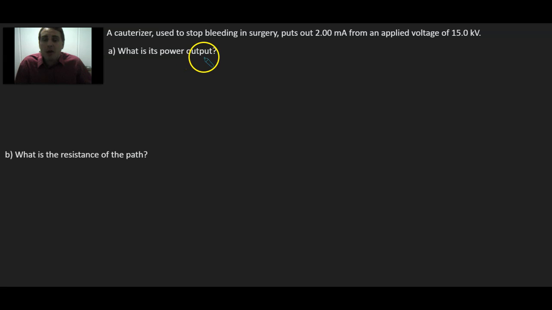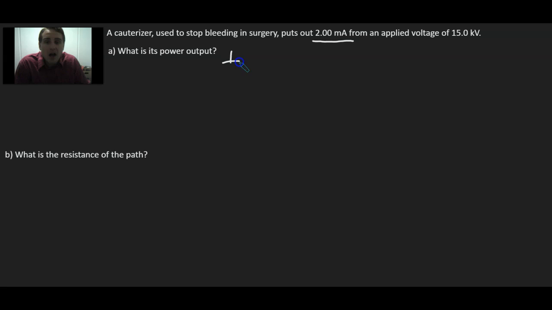A. What is its power output? B. What is the resistance of the path? Okay. Well, let's put everything in SI units here first. So we know that we have 2.00 milliamperes. That's an electric current.